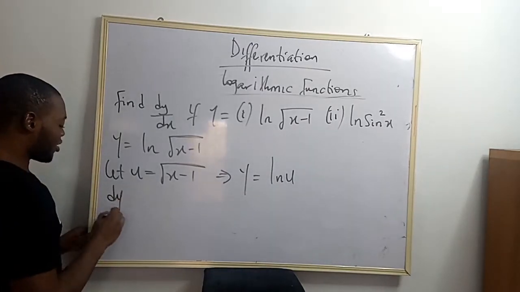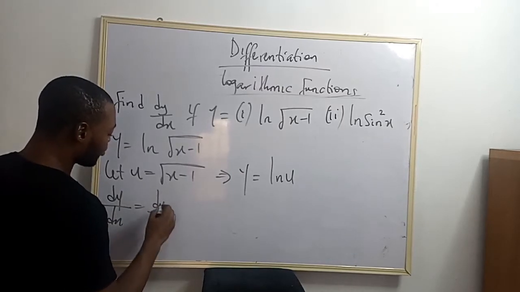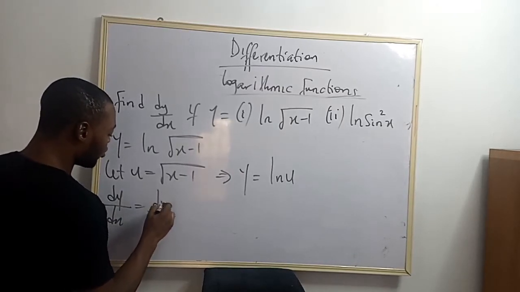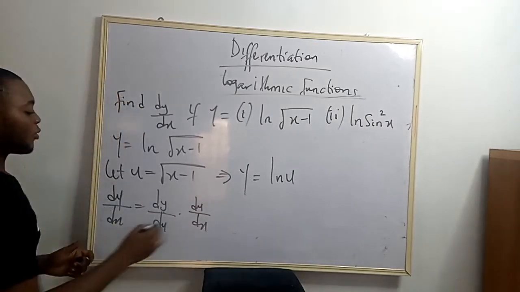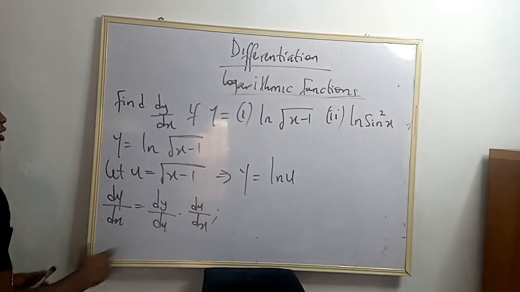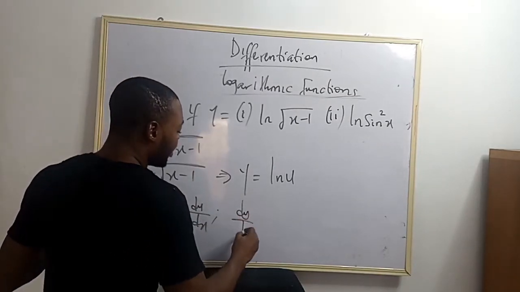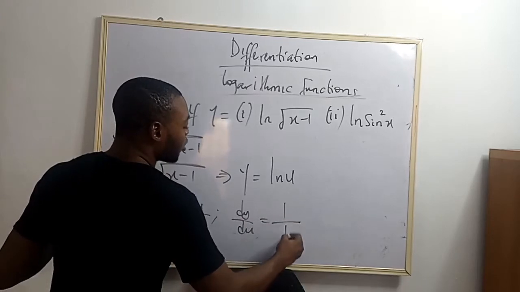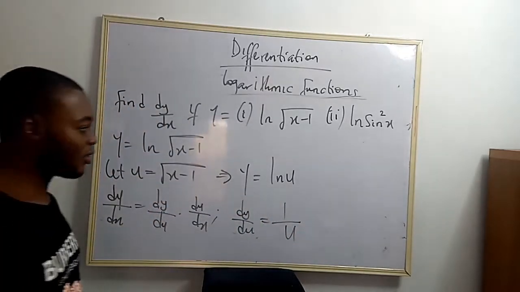The rule of chain rule is that dy/dx will be equal to dy/du times du/dx. So from what we have here now, dy/du equals 1 all over u. For du/dx, let's differentiate u with respect to x.